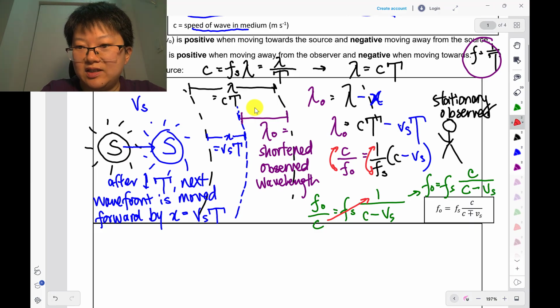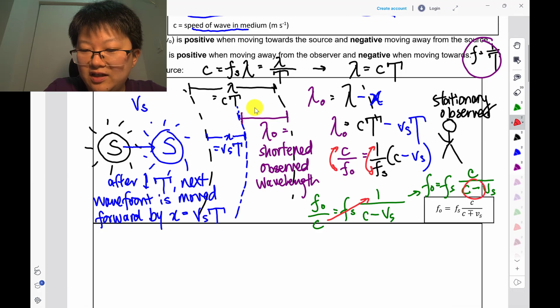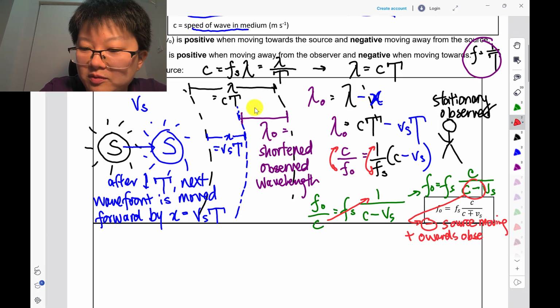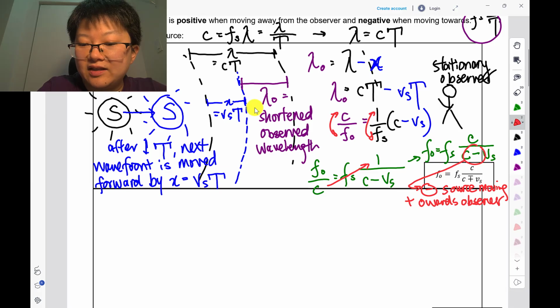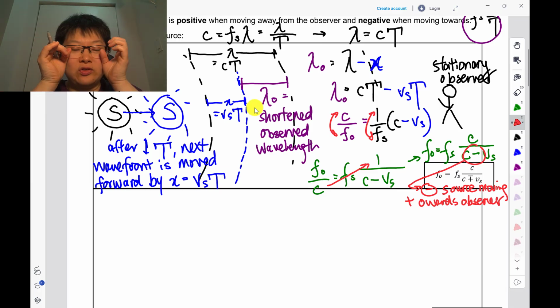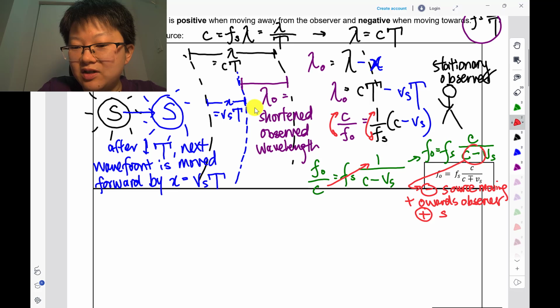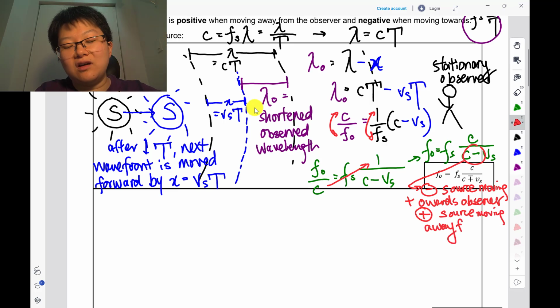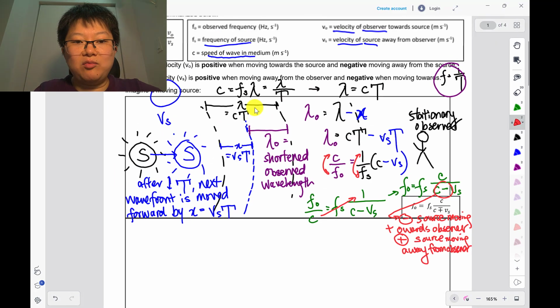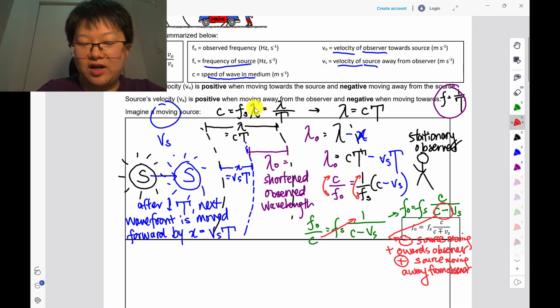But keep in mind that we used a negative sign because the source was moving towards the observer, which means that if you want the source moving away from the observer, then this would instead be plus. And that is summarized up here, where VS is positive when moving away and negative when moving towards.